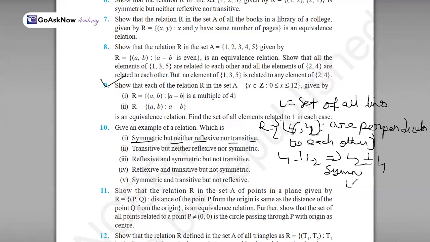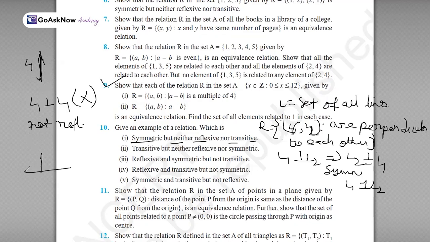But if L1 is perpendicular to L2, is L1 perpendicular to L1? Like if a line L1 is there, is it perpendicular to itself? No, it is parallel to itself or coincident to itself. So this condition is false. So it is not reflexive. And for transitive, suppose that L1 is like this, L2 is like this.